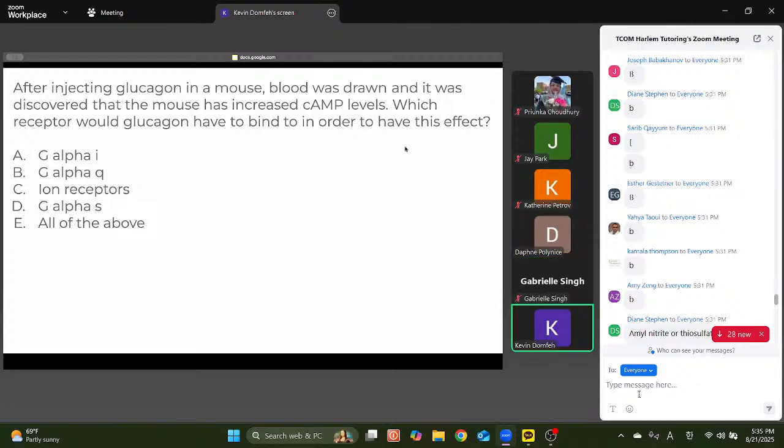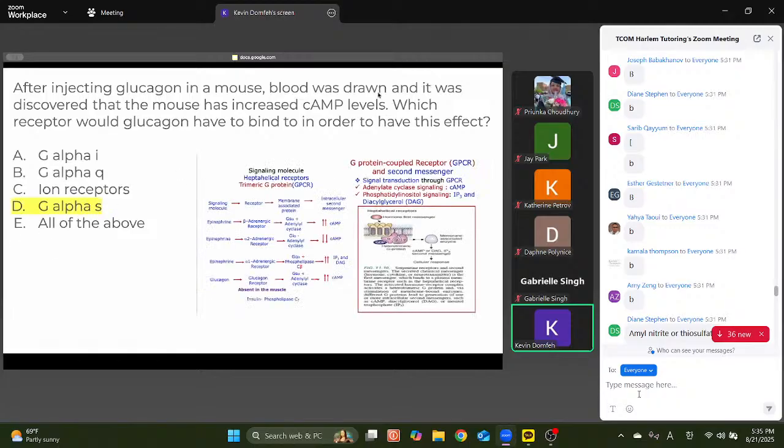Good. What about B? Someone else. IP3 and DAG, exactly. It's not enough to know what G alpha S or G alpha I or G alpha Q is. You need to also know the second messengers involved in those pathways. So it is D. Good. And this is basically the slide giving you some of the hormones that work on these adrenergic receptors.